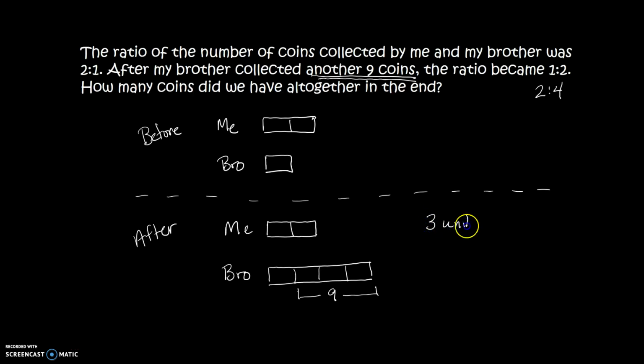Since 3 units equals 9 coins, 1 unit equals 3. And this is the amount that I'm trying to find. I want to know how much everybody has. So I'm going to solve for 6 units, which equals 18 coins.